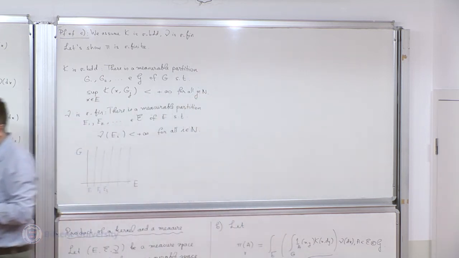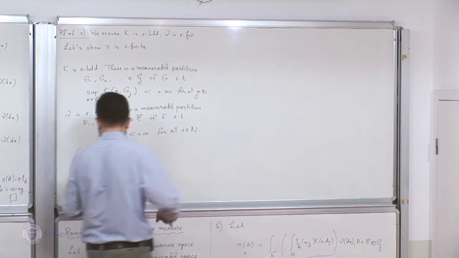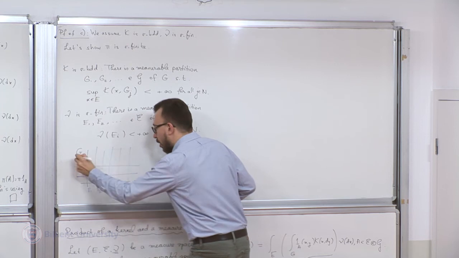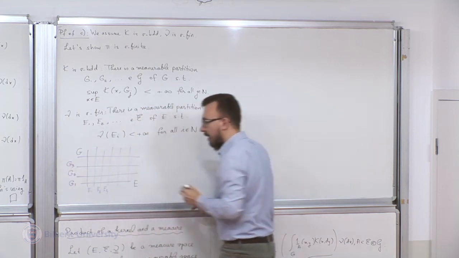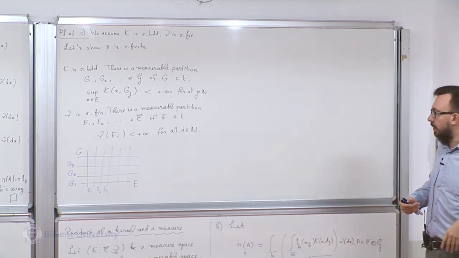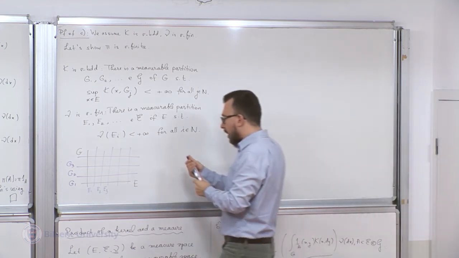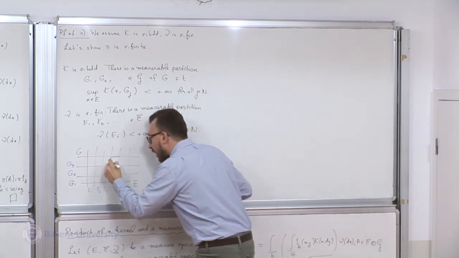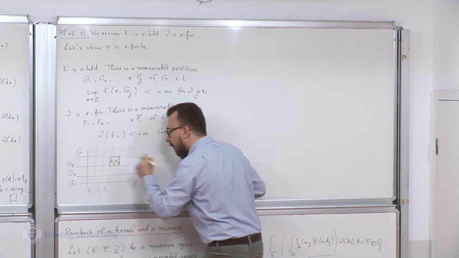And you have another grid for G, so G1, G2, G3, etc. Vertical and horizontal ones. So this gives me rectangles, right? So E4 cross G3.